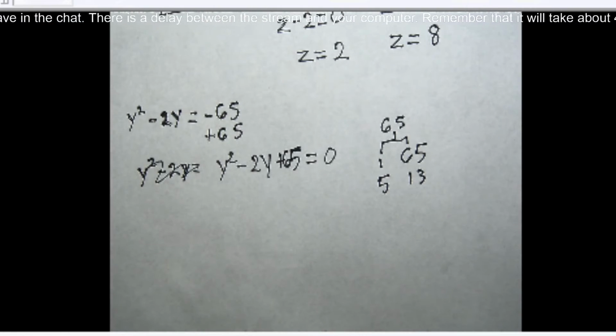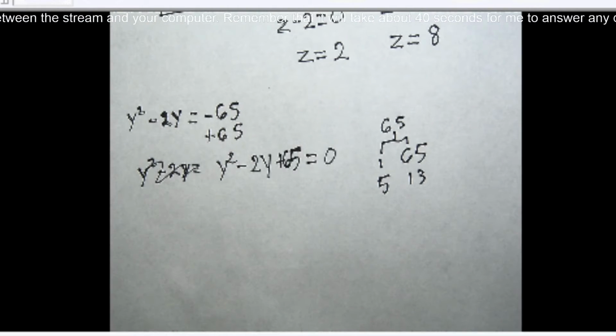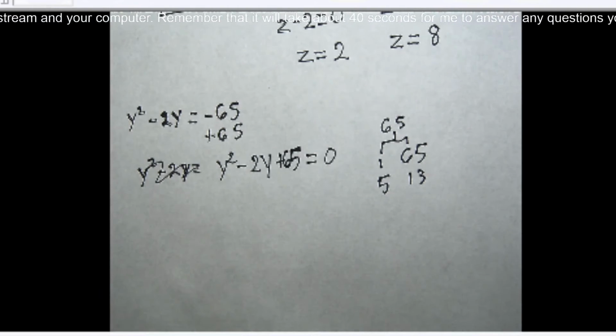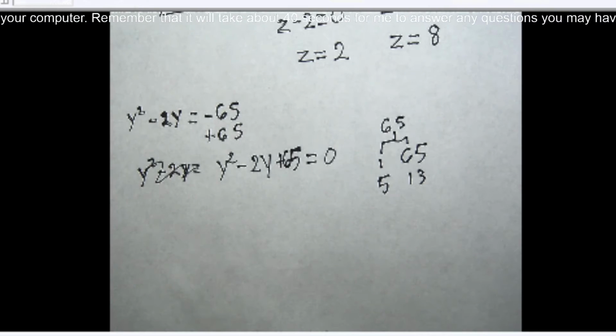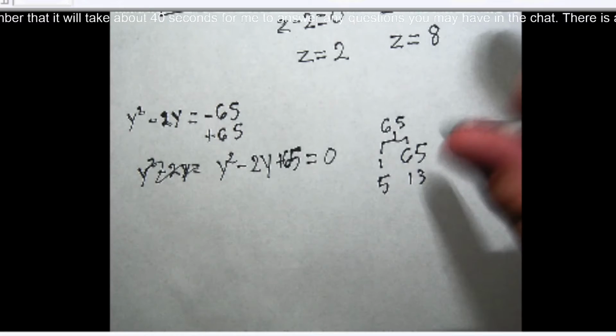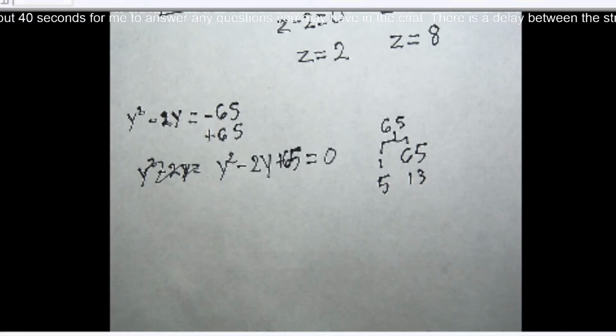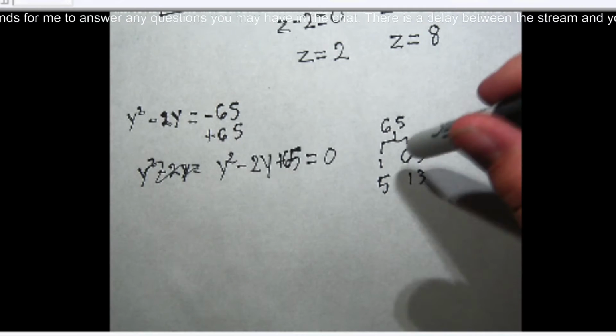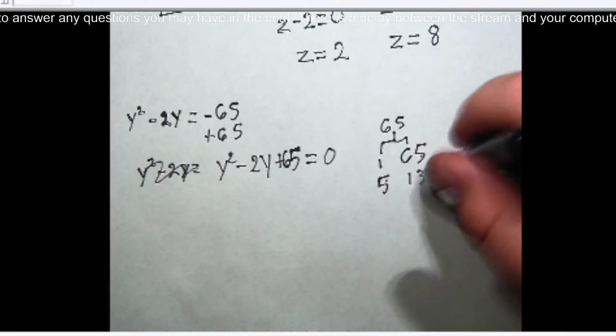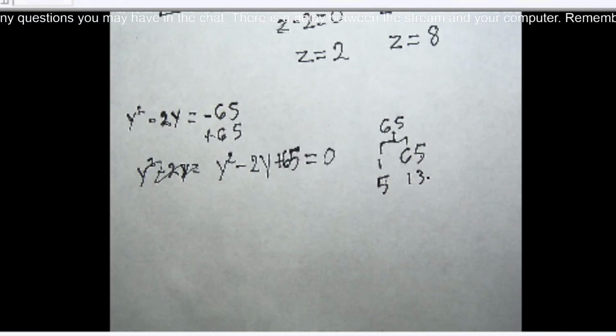Now remember, what we want from these is a pair of those factors that will add to get negative 2. Well, the difference of 1 and 65 is 64. The difference of 5 and 13 is 8. There's no way that we can combine either of these pairs and get negative 2.